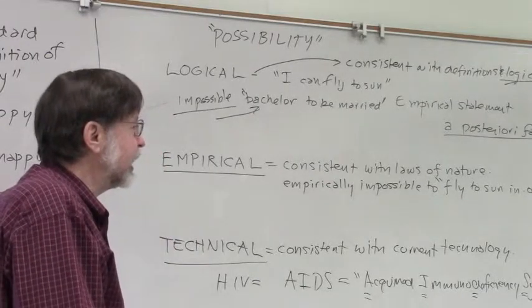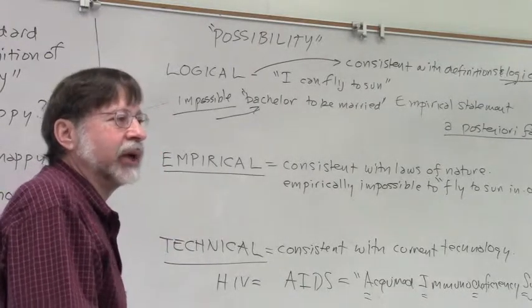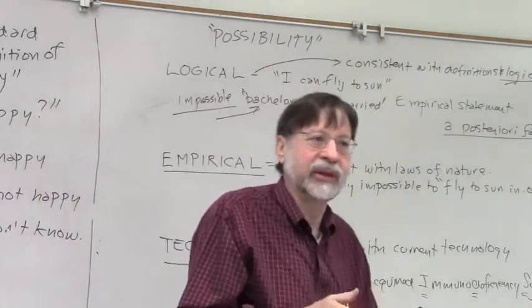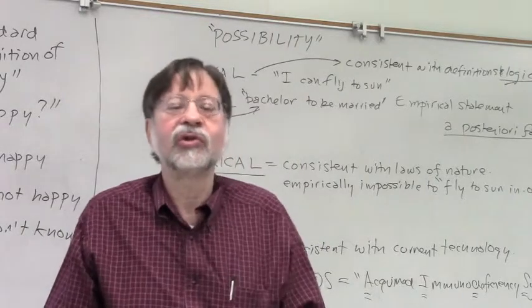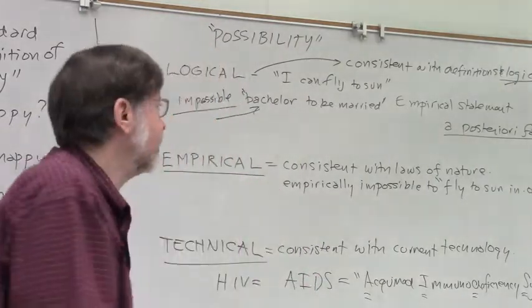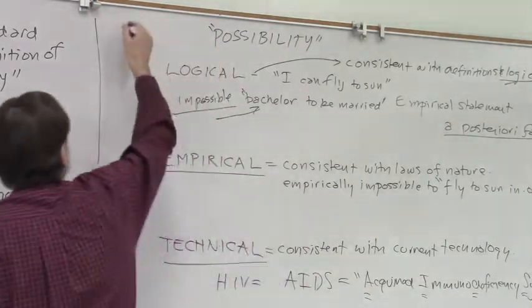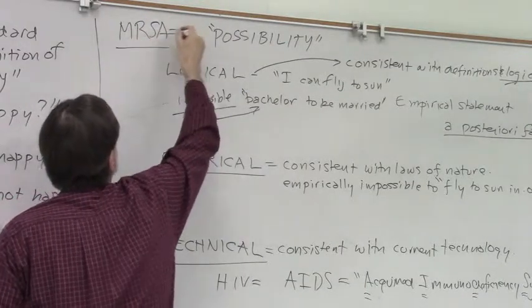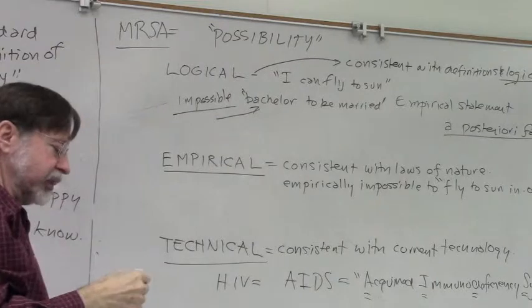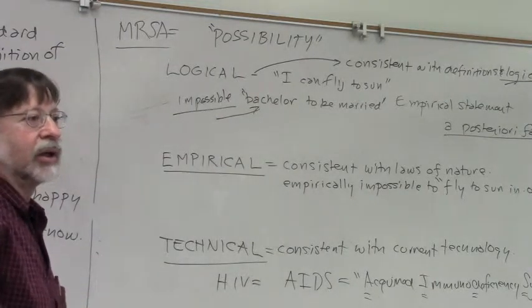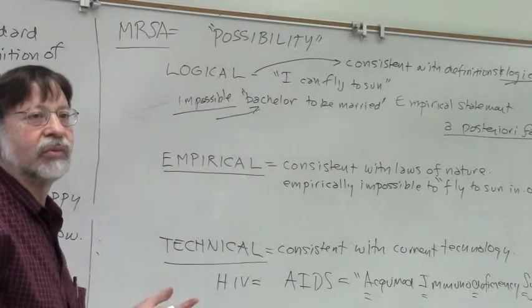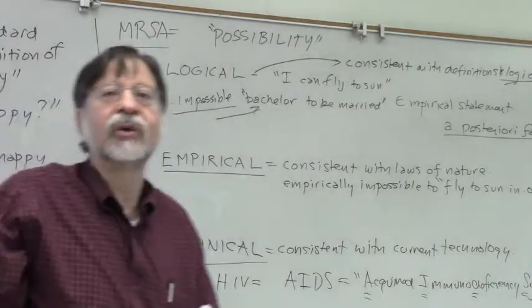Is it possible to get an antibiotic to treat certain antibiotic-resistant bacteria? We have diseases like that. MRSA is one of them. Methicillin-resistant staphylococcus aureus is a common bacterium that most antibiotics don't work against.